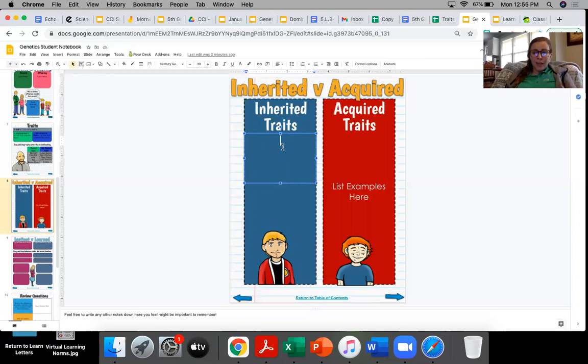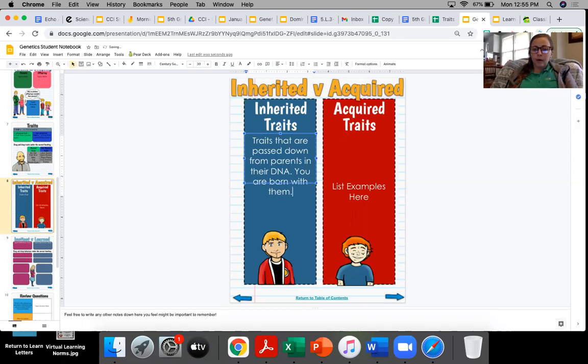So, I just told you the definition of inherited traits. Inherited traits are traits that are passed down from parents in their DNA. You are born with them.